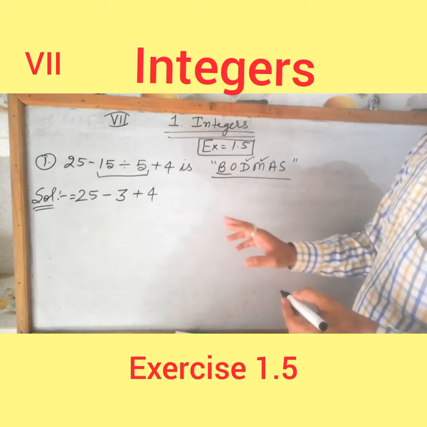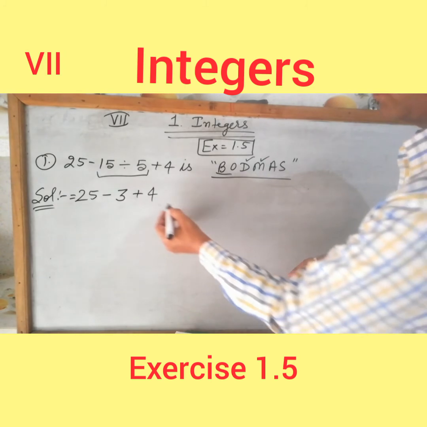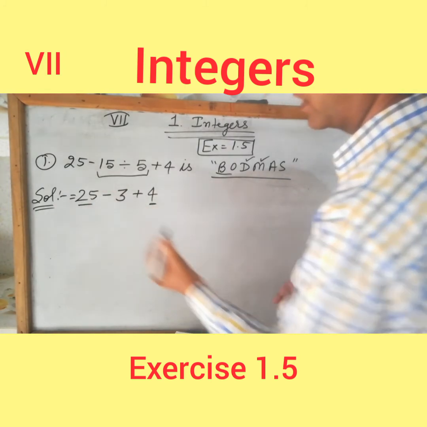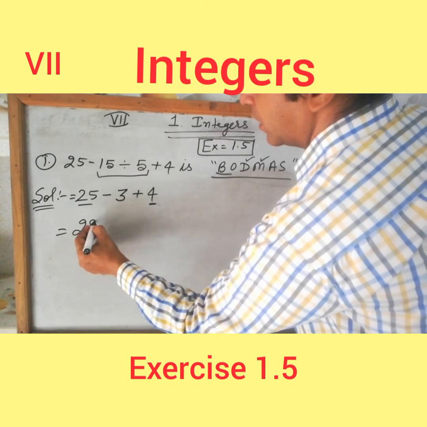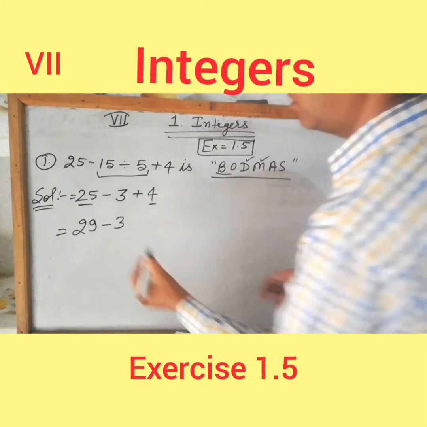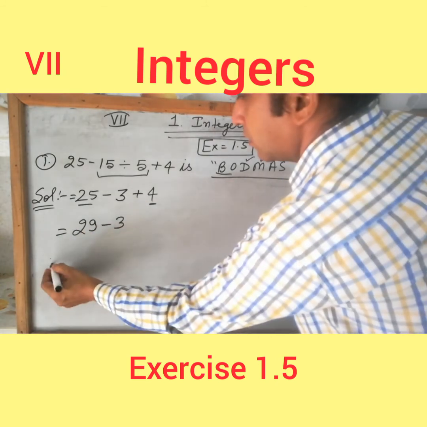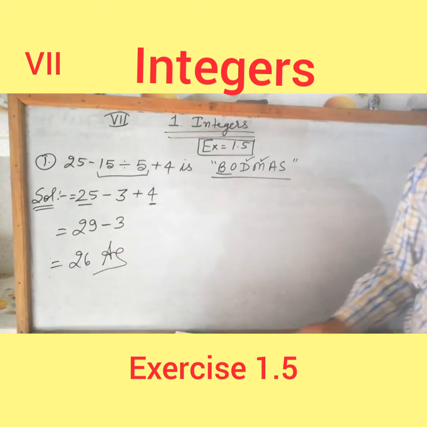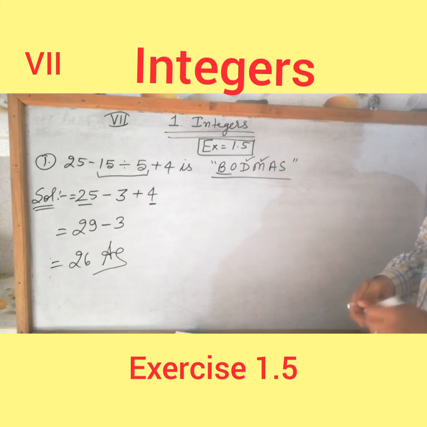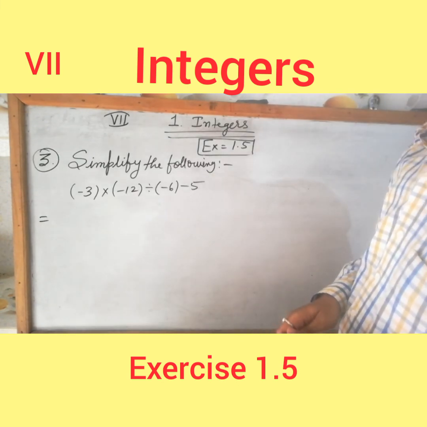No. Now please check which numbers are positive. They are 4 and 25. These both are positive, so add these numbers. So it's 29 minus 3. Now subtract, so it is 26. It is your answer. Is that clear? It is so simple.